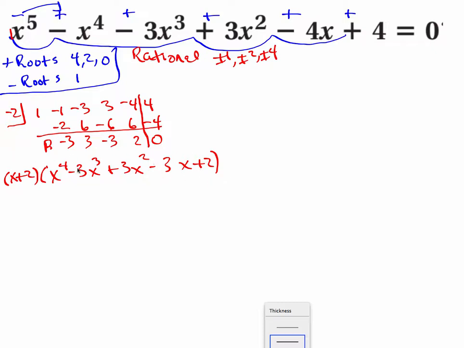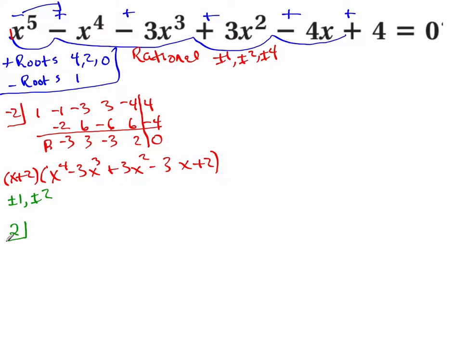Here they are plus or minus 1, plus or minus 2. But I'm only going to check the positive ones because I know I've taken care of my negative root. So you see the value of Descartes' rule of signs. So let me try 2.